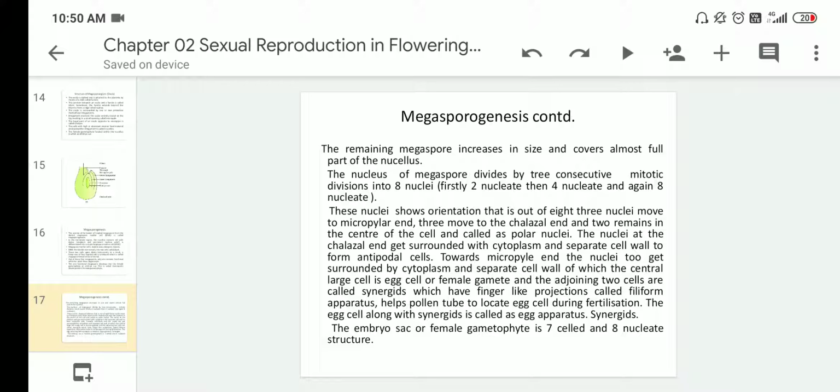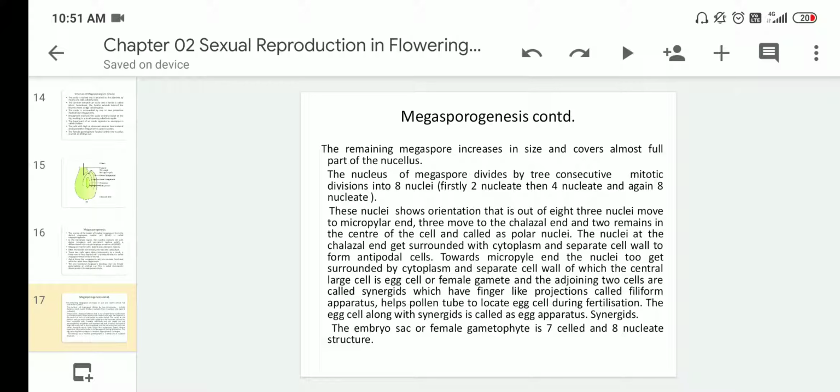Towards the micropylar end, the nuclei too get surrounded by cytoplasm and a separate cell wall, of which the central large cell is the egg cell, and the female gamete is formed.